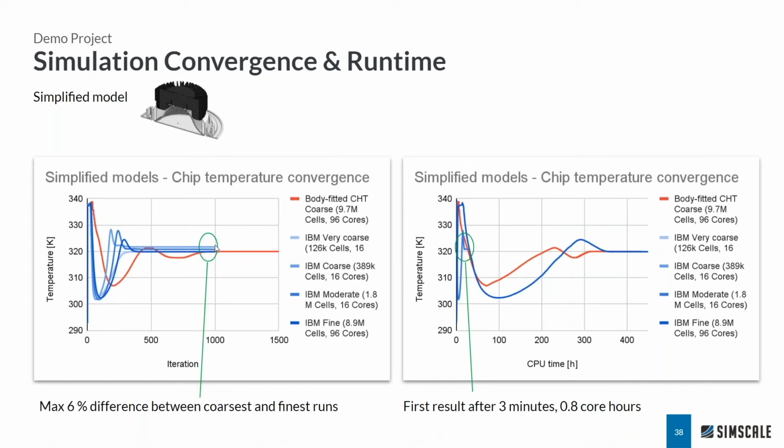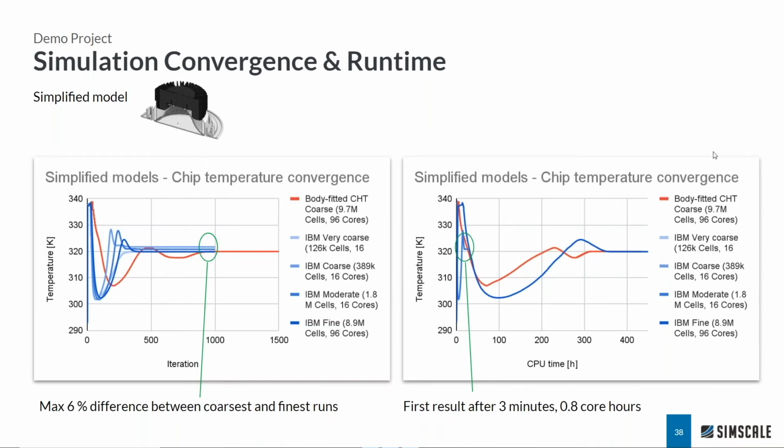But what you can see here is that the max difference between coarsest and finest runs from all of these simulations was max 6% difference. You can also see from the very dark blue line that for the very fine solutions, we are really on an identical level, or very low difference in solution level. We have here roughly 30 degrees temperature increase, so that's our base for judging the percentage value.